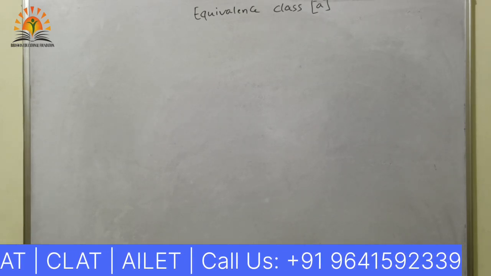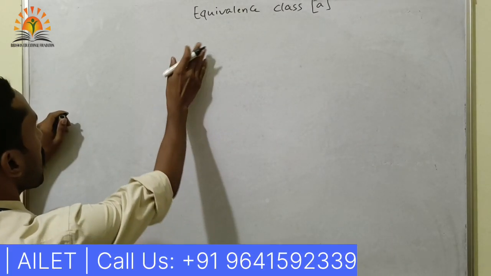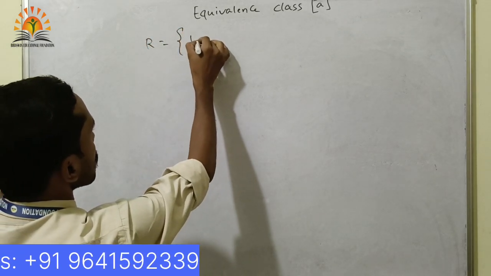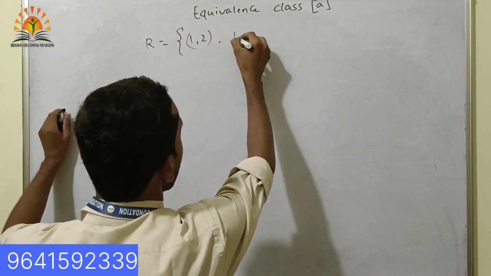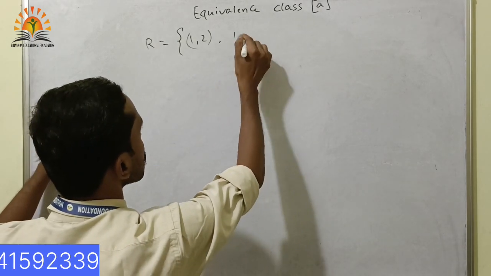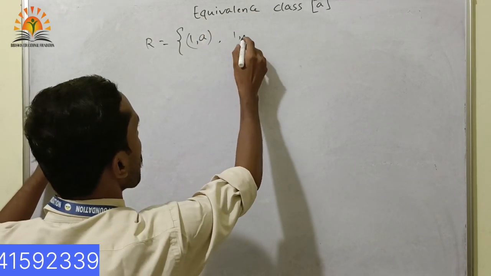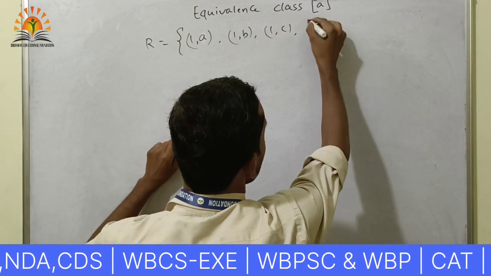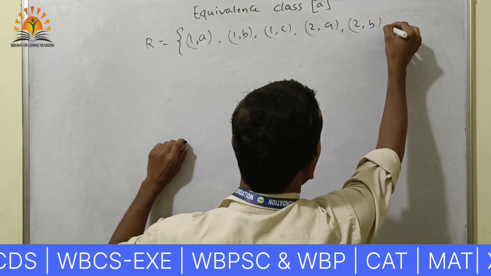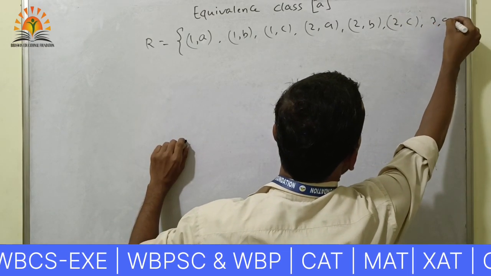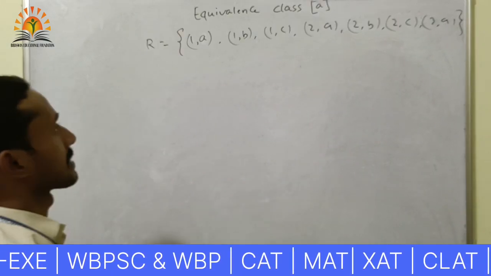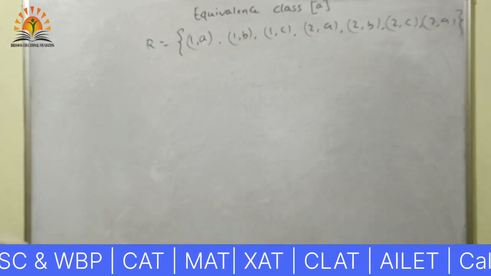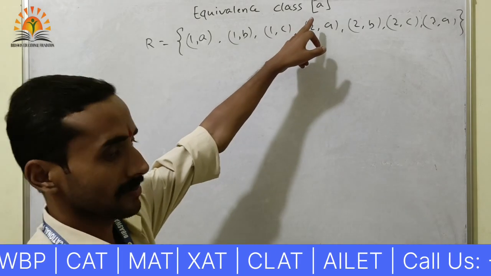First understand what is the meaning of equivalence class. Let us take an example that this is a relation: (1,a), (1,b), (1,c), (2,a), (2,b), (2,c), and we have to find the equivalence class of a.